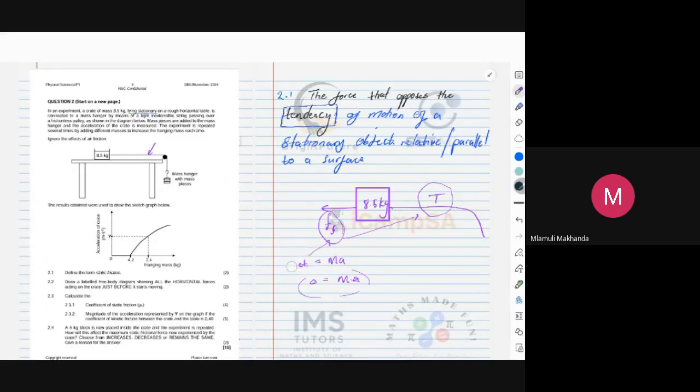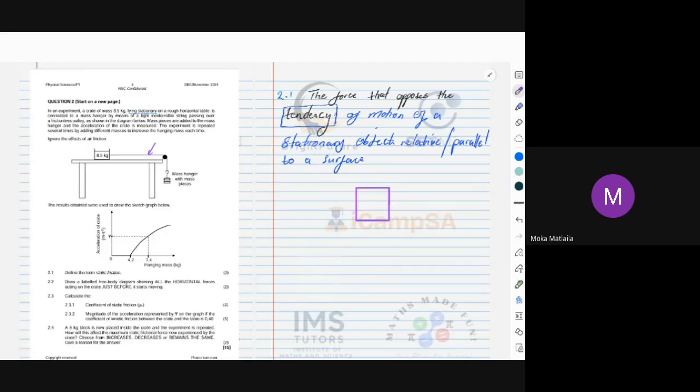So that is where your static friction comes from, right? Does everyone understand? Do you understand? Okay.